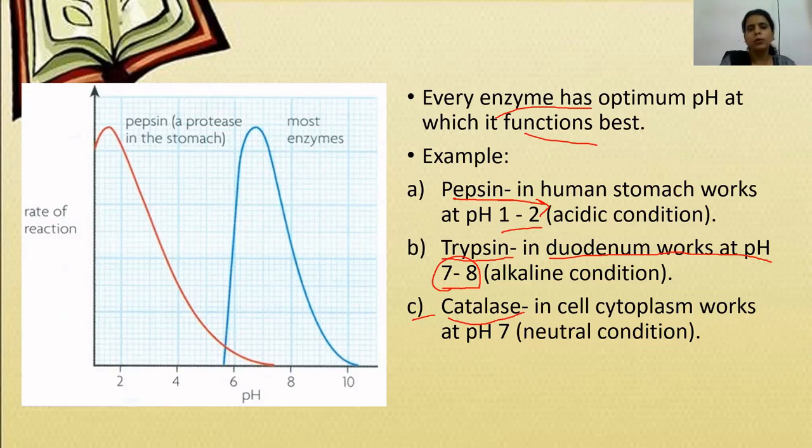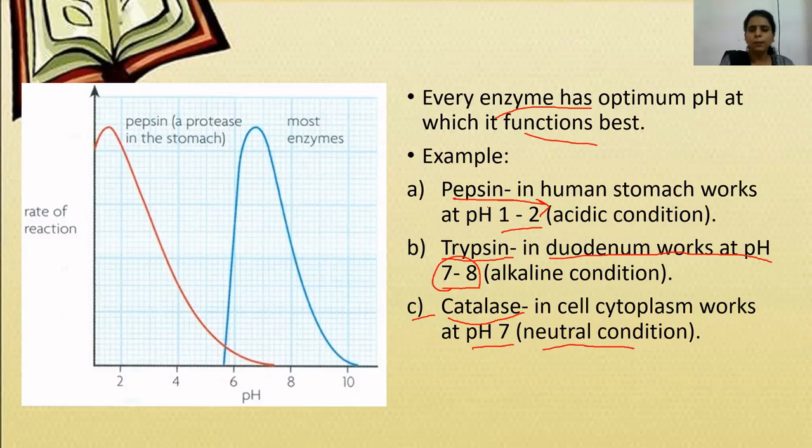So the moment hydrogen peroxide is produced, the enzyme catalase present in living cells immediately breaks it down into water and oxygen. Cell cytoplasm is around 70 to 80% water, and the pH of water is 7, neutral. So catalase works at pH 7, in neutral condition.